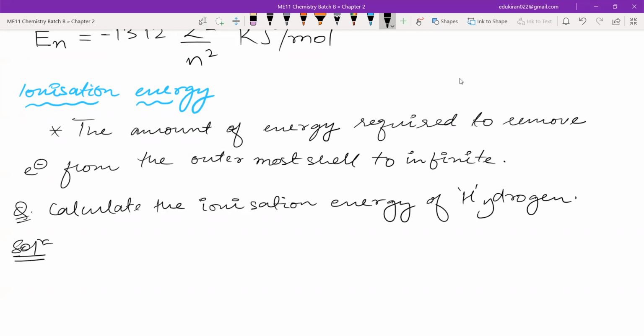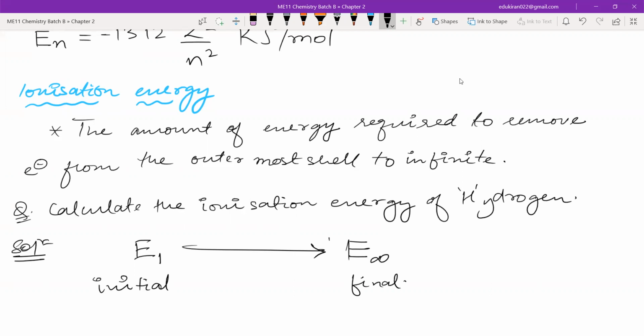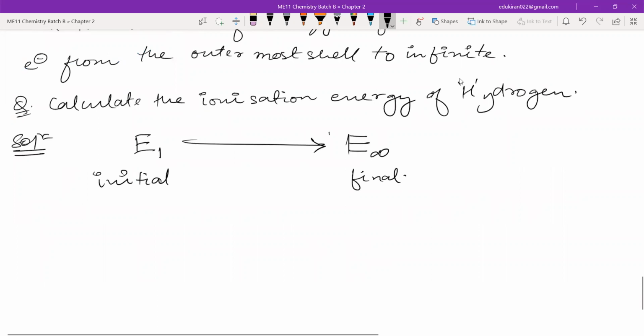If I have to remove the electron, let us say the electron is in the first state, and this is the initial stage. Finally, I have to remove this electron and let it go to the energy in the infinite state. This is the final state. So whatever energy that I have to apply is final minus initial. So energy required, or energy of ionization, is equal to final energy, that is E infinity, minus E1.